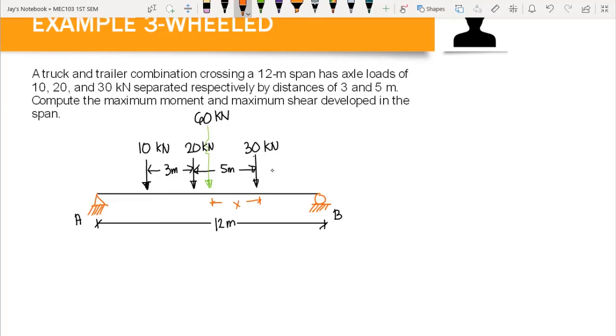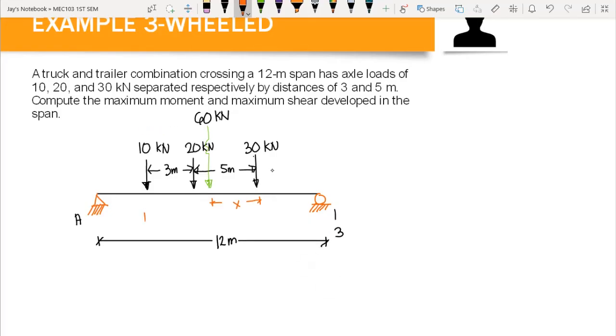So therefore, the distance of 10 from 30 kilonewton is equal to 8 meters, correct? So we have this distance from 10 to 30, we have 8 meters. And the distance between 60 and 10, this distance here, is equivalent to 8 minus x, correct?